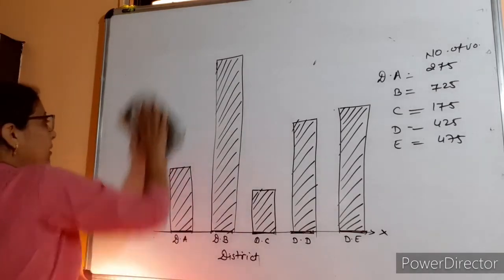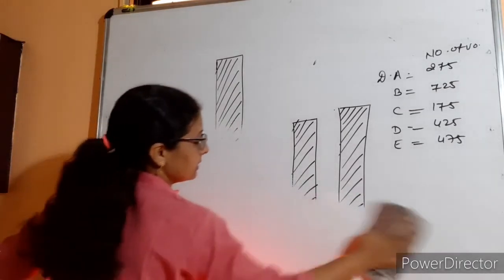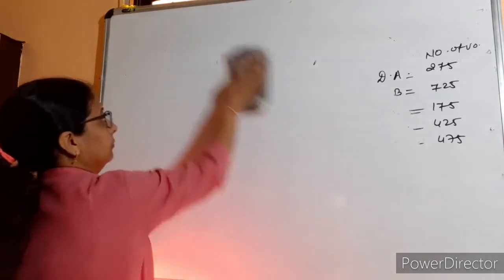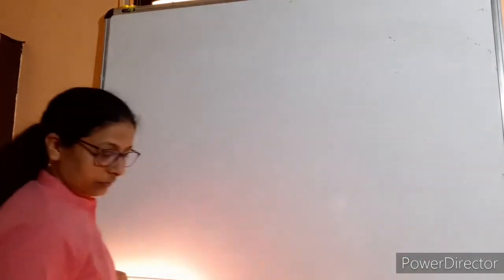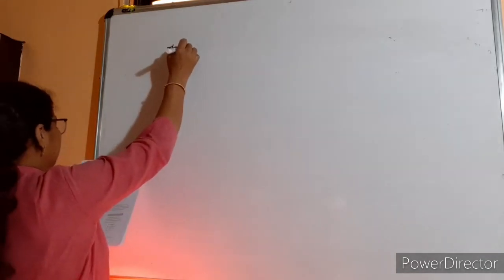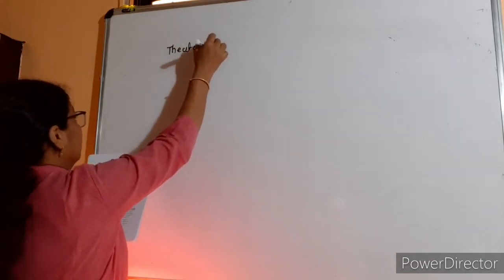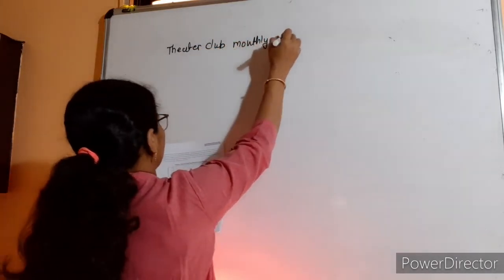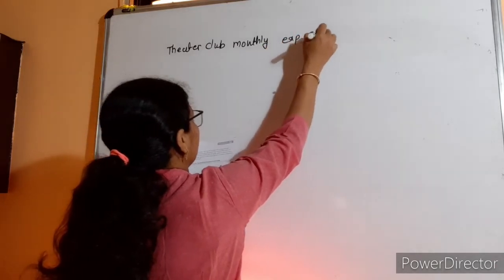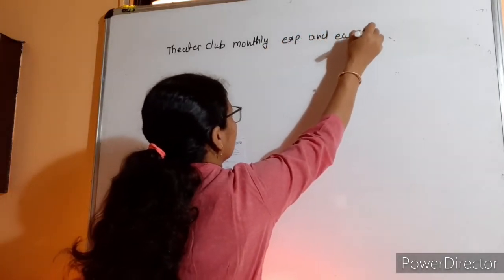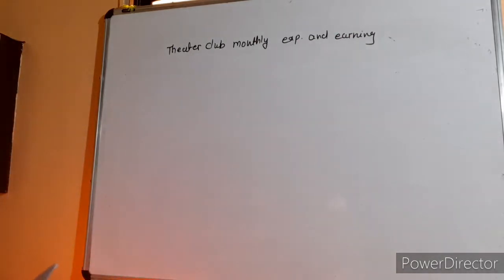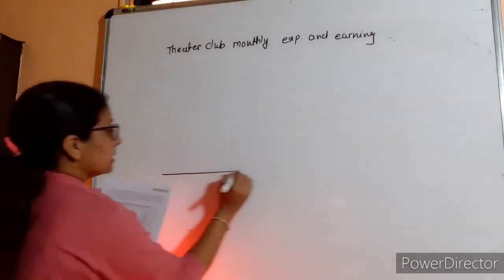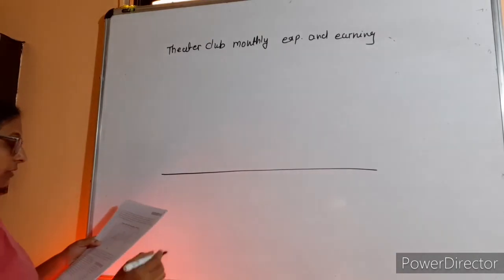Yes. Then another example of the bar graph is the theatre club monthly net expense and earning. Here is the name of the month.